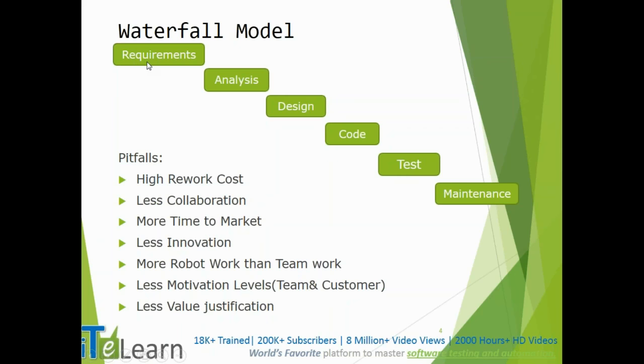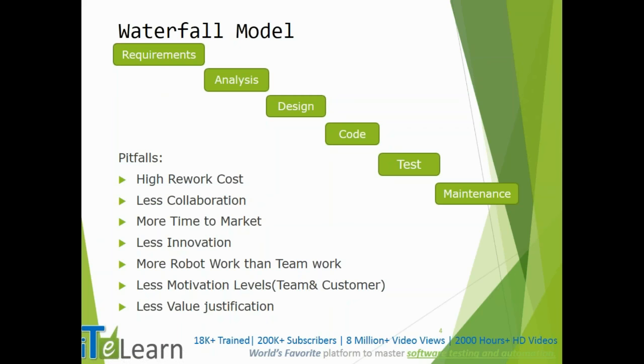I need to update all my specifications: the requirements, the technical specifications, even my functional specifications. Then it goes into analysis, then design, then code. One small change has to follow so many phases again, and the risk of failure is also high.